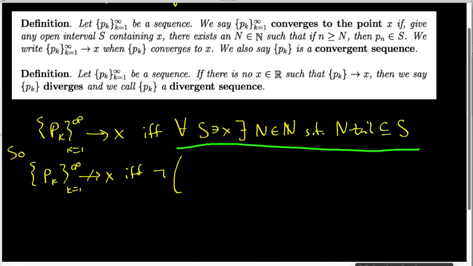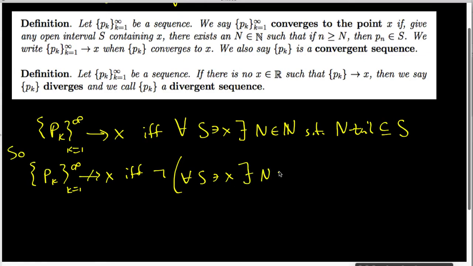And I want to take the time to negate that very carefully. So I want the negation of: for all open S's containing x, there exists an N inside the natural numbers such that the N-tail is a subset of the open interval.